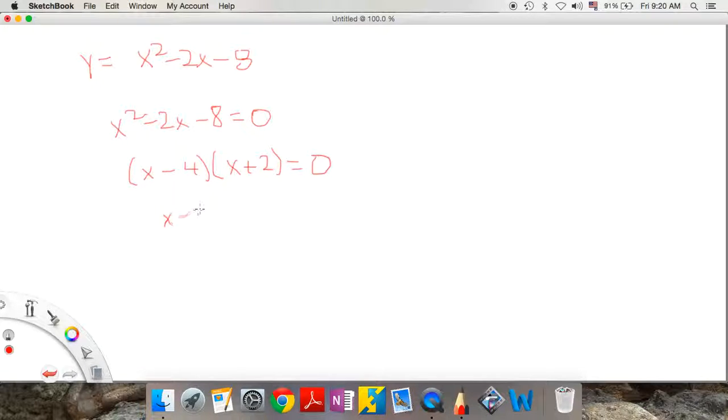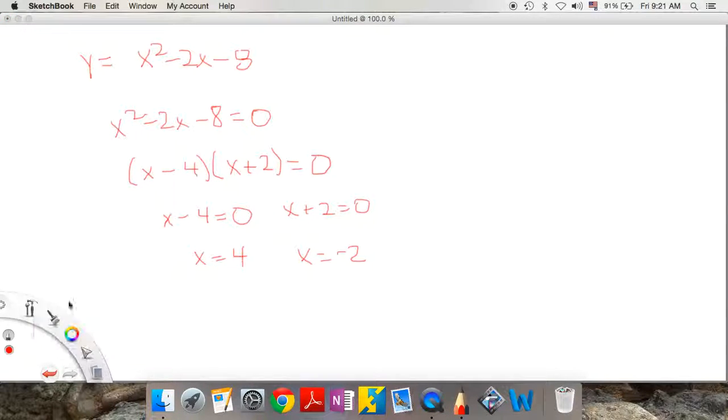So your two choices are x minus 4 equals 0 and x plus 2 equals 0. So we've got x equals 4 and x equals negative 2. So that's what the zeros are for that particular quadratic. Now, we didn't do the work to graph it. We haven't found the vertex and those kinds of things, but we do know where the zeros are. So that would help us out.